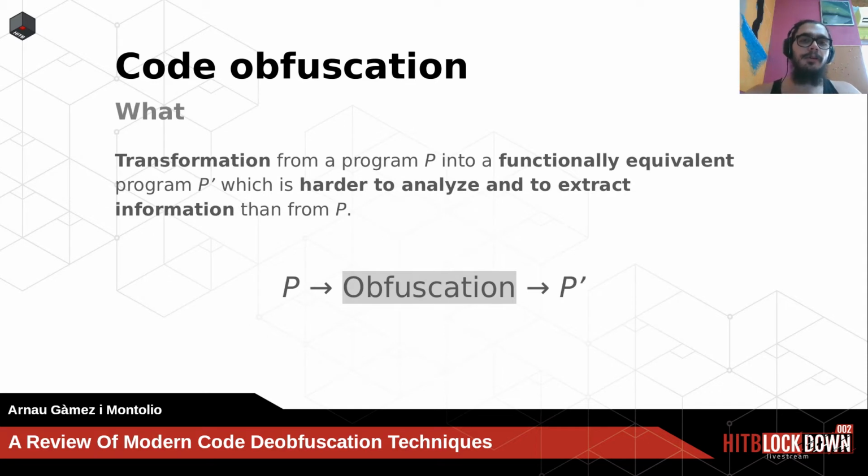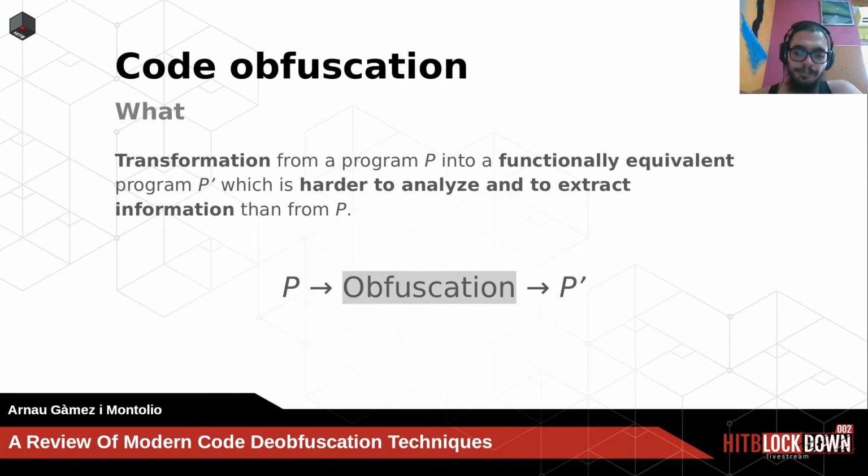So what is code obfuscation? In a nutshell, we call code obfuscation a transformation from an input program P into another program P prime, which is functionally equivalent, but which is harder to analyze and harder to extract information from than the original program P.